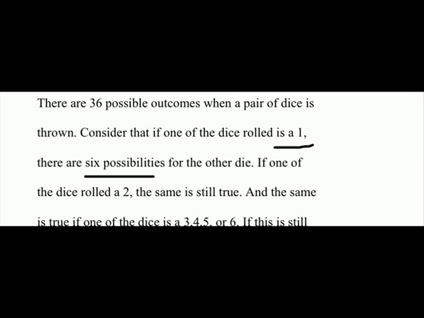Then again, if the first dice gets a 2, then the same is still true. So there are still 6 possibilities for the second dice. And then if you go on, what you find is that the total numbers you end up are 6 into 6.